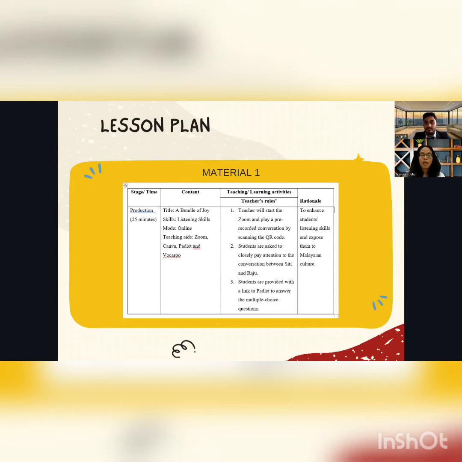Next, students will be asked to closely pay attention to the conversation between Siti and Raju. Finally, students will be provided with a link to Padlet to answer the multiple choice questions there. Overall, this lesson is to enhance the students' listening skills and also to give them exposure to Malaysian culture. So moving on to the next one.